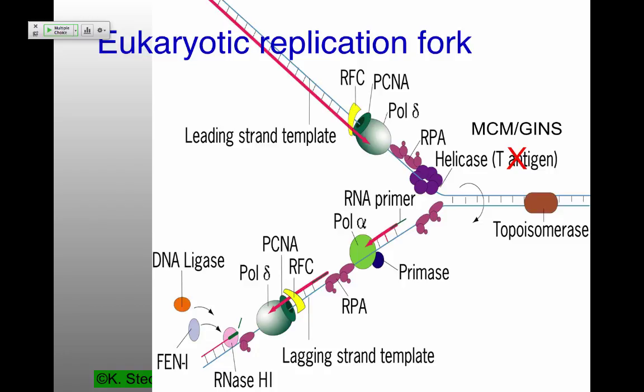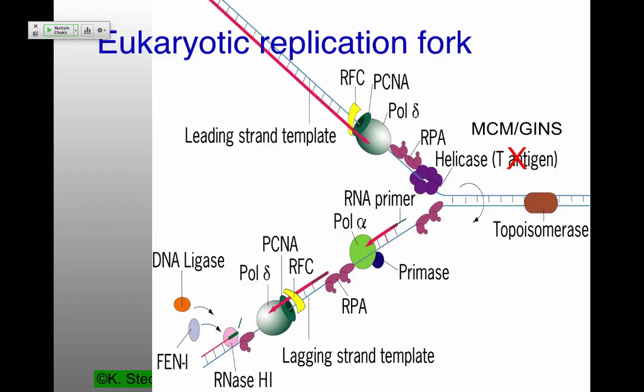Exonucleases come in at ends, endonucleases come in the middle. So the flap endonuclease will cut off that primer. So in terms of function, DNA polymerase 1 in bacteria can chew up the primers through an exonuclease activity. In eukaryotes, the flap endonuclease cuts in the middle, and that piece is removed.